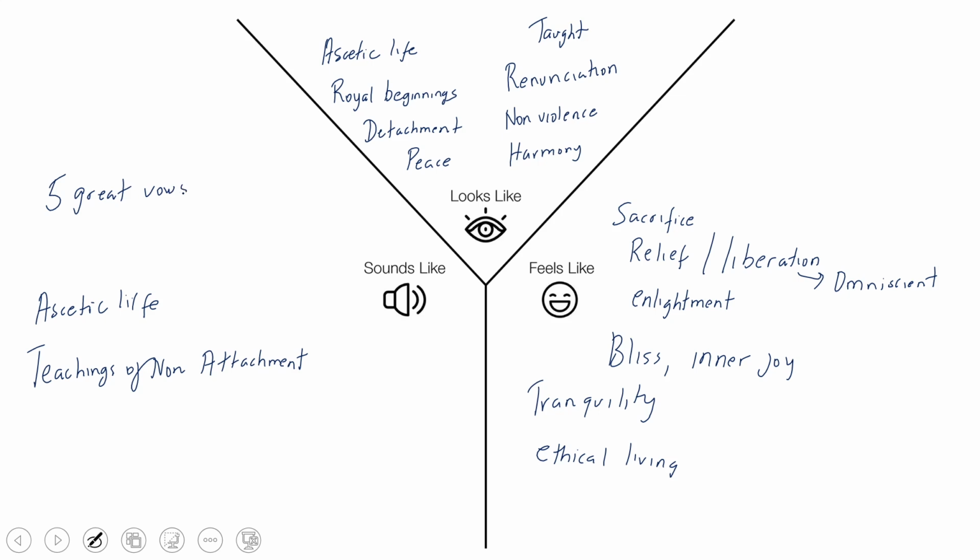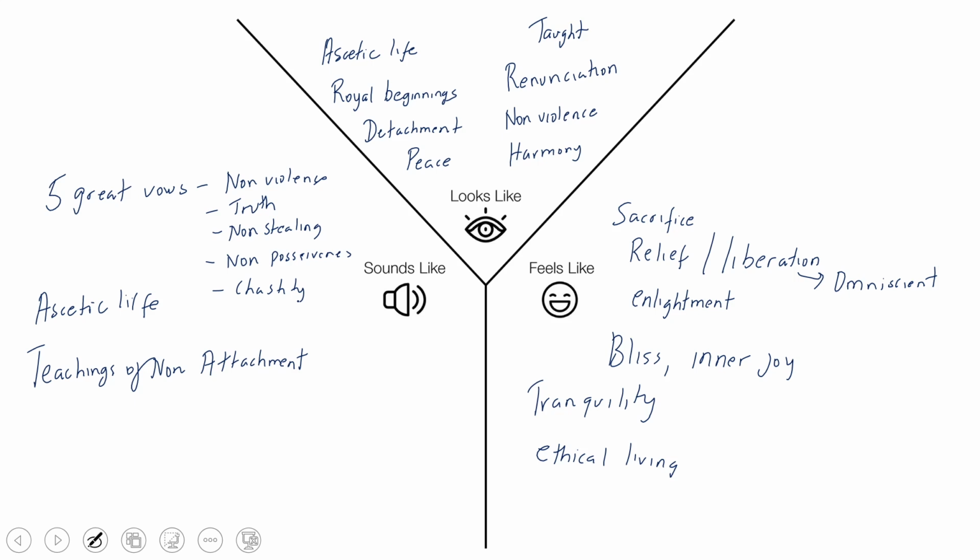Which are they? You have non-violence, truth, non-possessiveness, okay. Now, what else does it sound like? We have already seen Buddhism, now we are looking at Jainism.